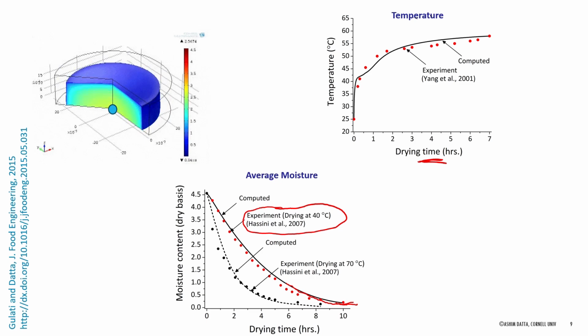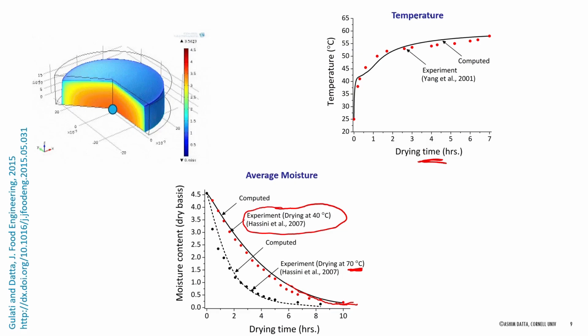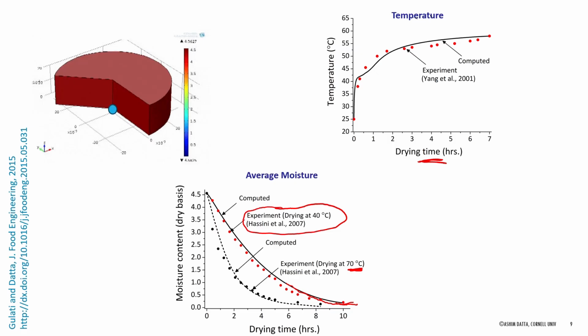As you increase the temperature, then of course on the surface, it's going to be maintained at a lower moisture, but also at the higher temperature, everywhere inside, water can evaporate more easily. So you remember we talked about this I dot term, the rate of evaporation, that will increase everywhere.